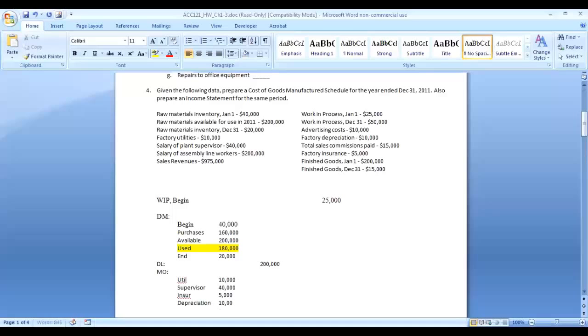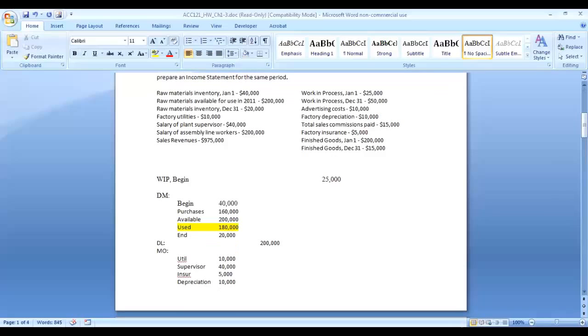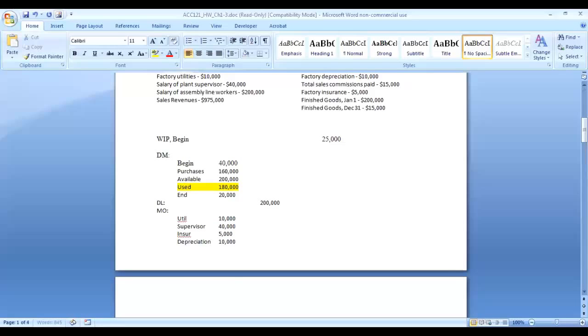And remember, one of our many general rules: if it's happening in or around the factory, so it's attached to the production process, it has to be one of those three. Either direct materials, direct labor, or manufacturing overhead. So our total overhead, if we subtotal those up, is 65,000.